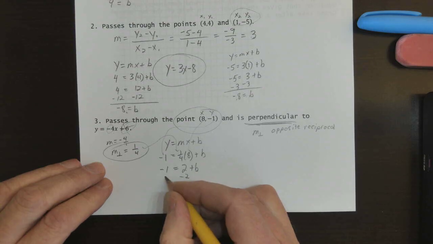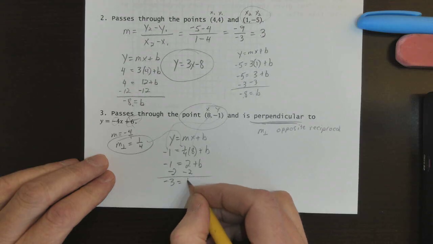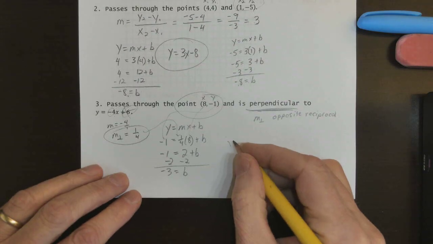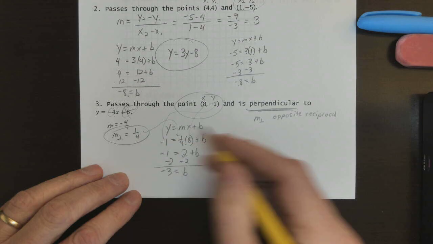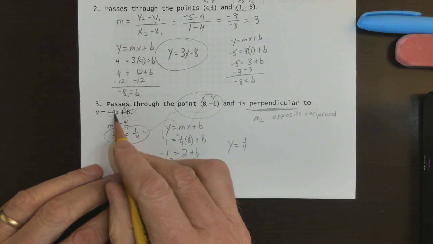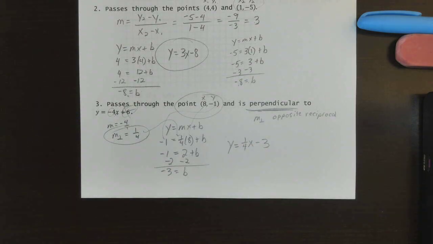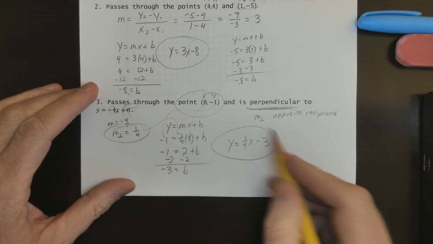I'm going to subtract 2 from both sides. I've got -3 equals b. And then for the perpendicular line to this line, it's y equals 1/4 x minus 3. There we go.